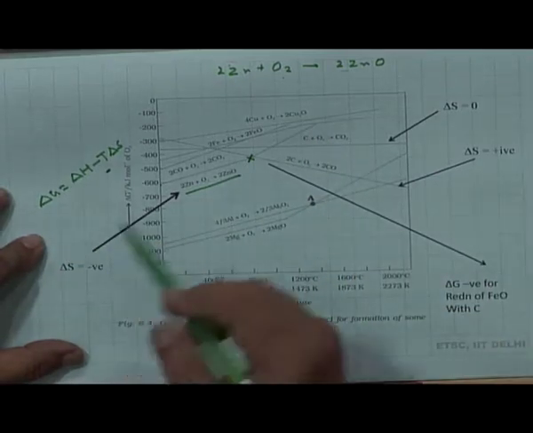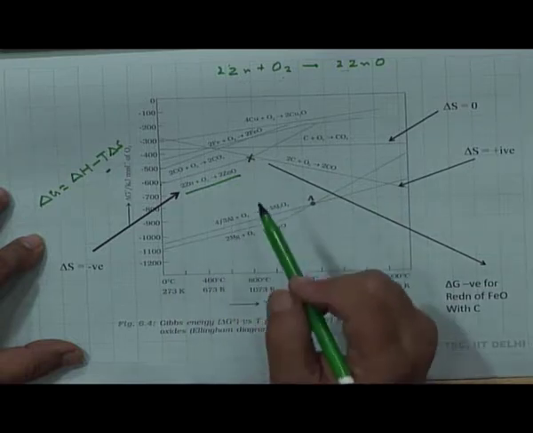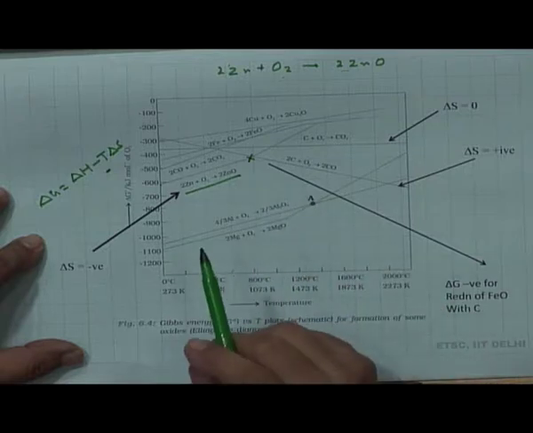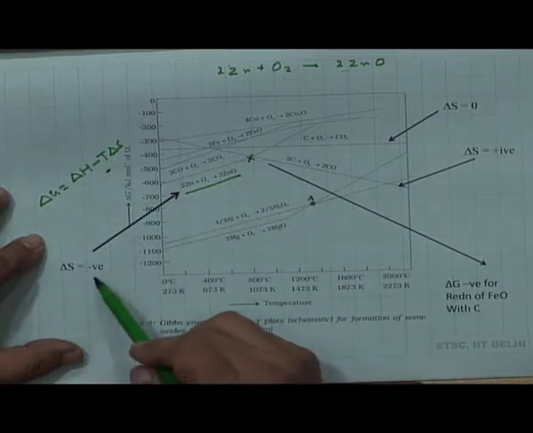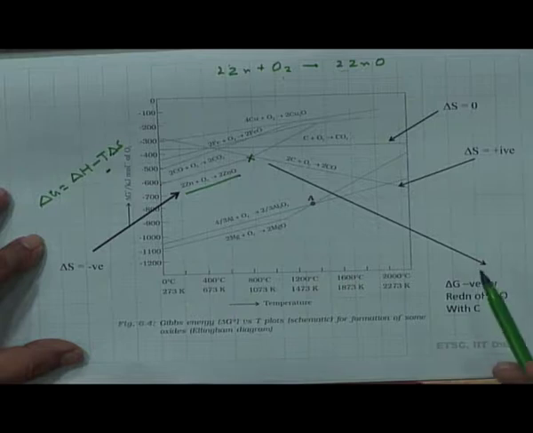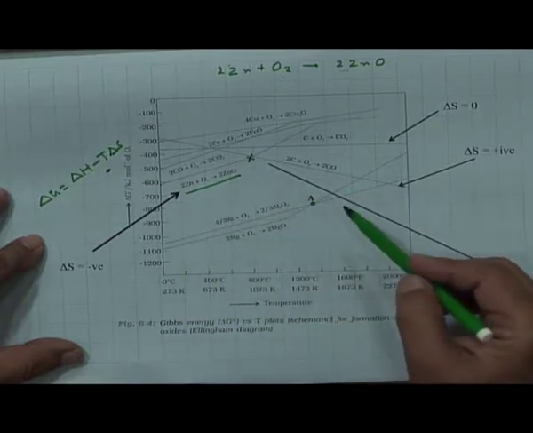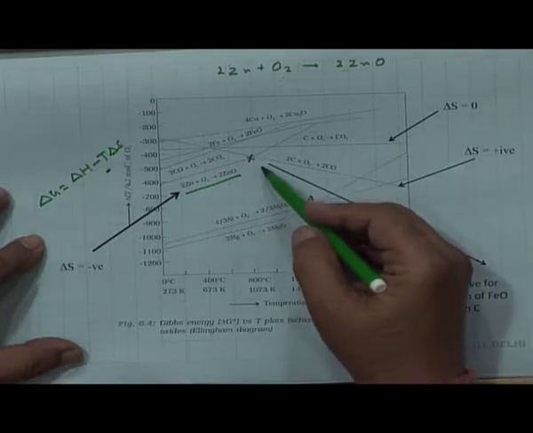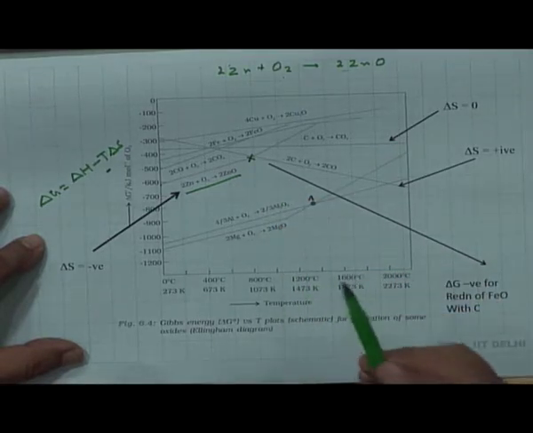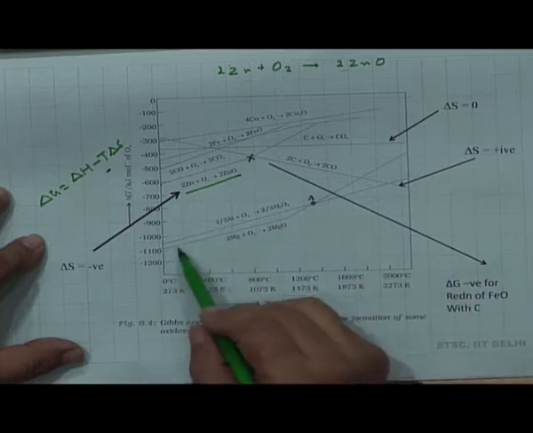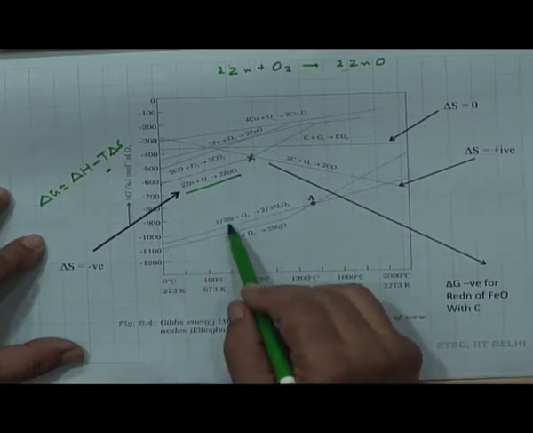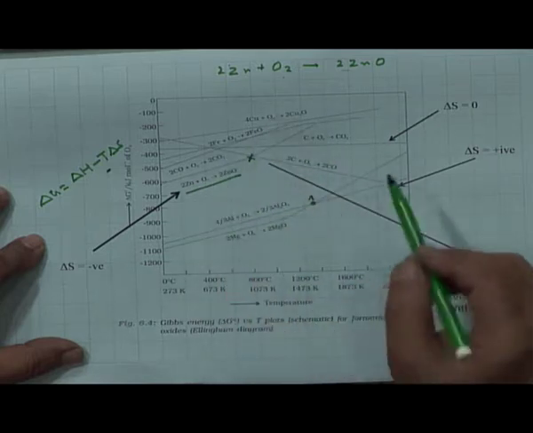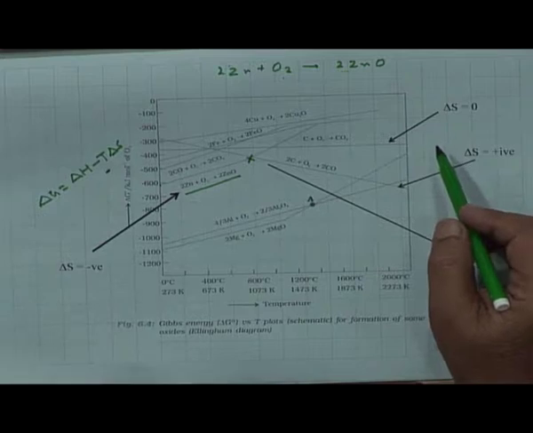If at this point suppose the zinc oxide melts, what will happen? Delta S will suddenly become positive, because randomness will increase, liquids have more randomness, and as a result this line will go downwards.